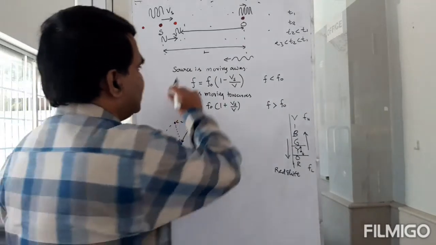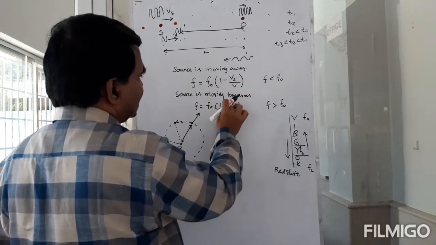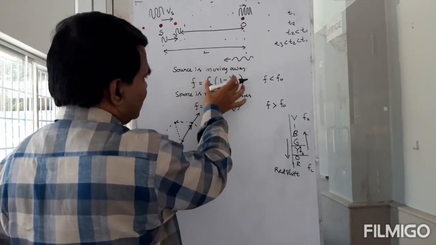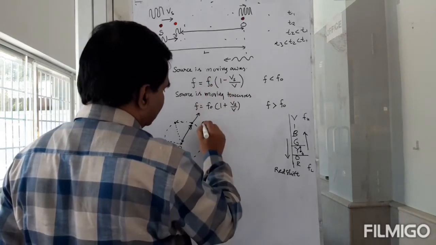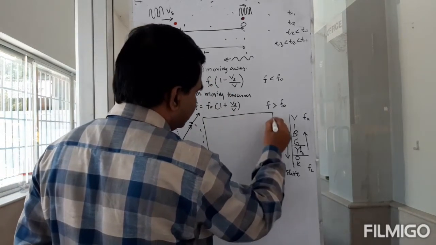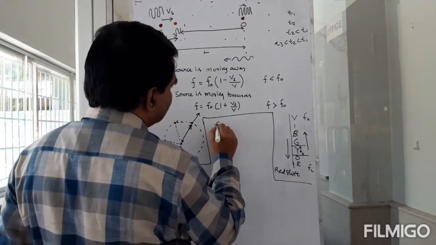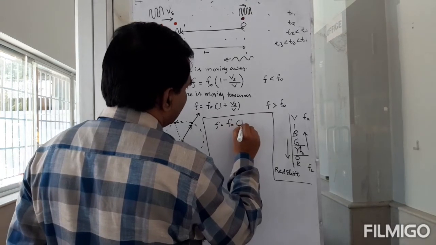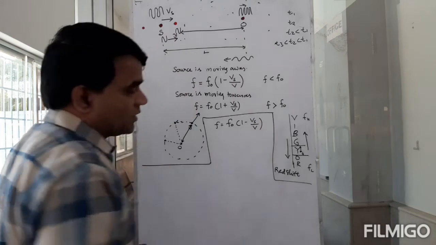Okay, now let me get back to this expression. So I can take either one, either this or that. Let me just take one, it doesn't matter. So let me take the first one. Either way I'll get the same result. I said F is equal to F naught into 1 minus Vs by V. This was for sound.